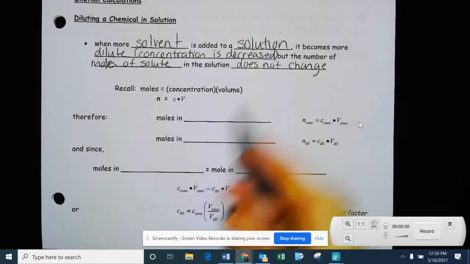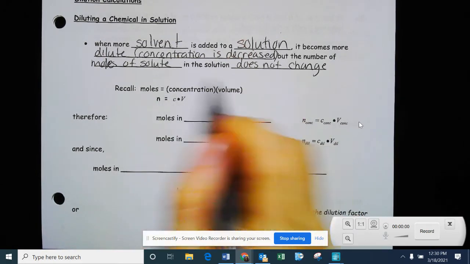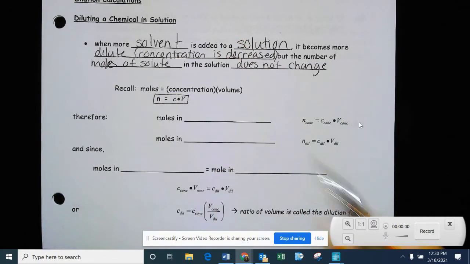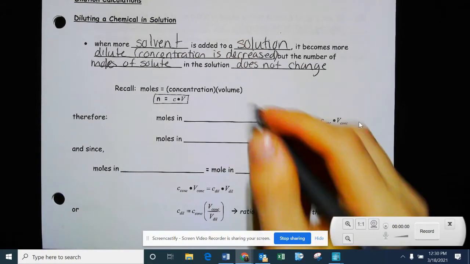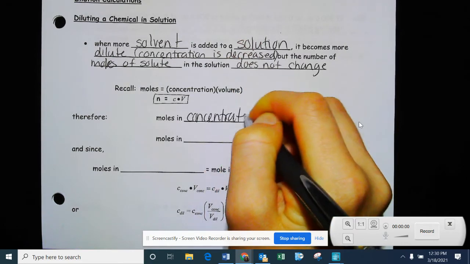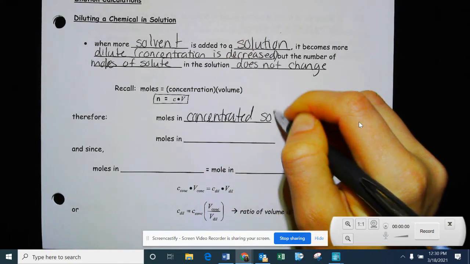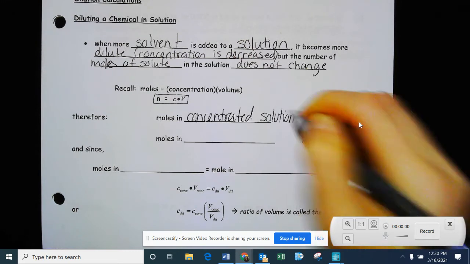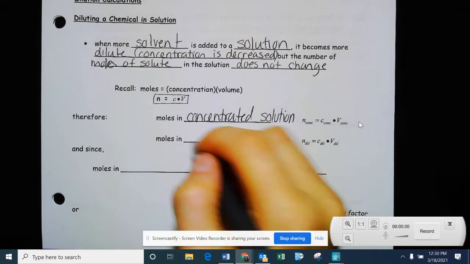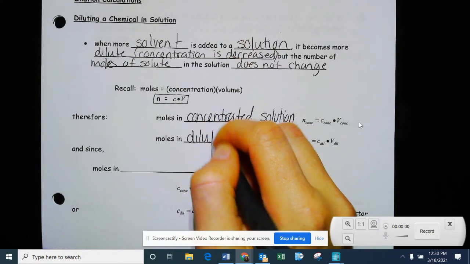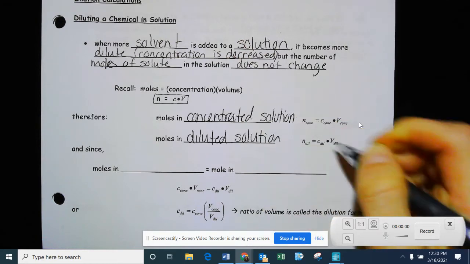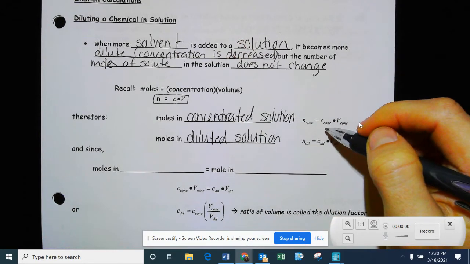Remember from yesterday, concentration times volume gives you the number of moles. So n equals C times V. So the moles in a concentrated solution and the moles in a diluted solution can be calculated using this information.